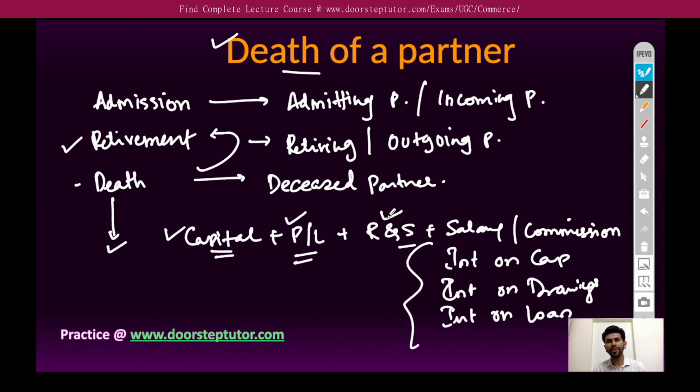Reserve and surplus is undistributed profit which is reinvested into the business, plus salary, commission, or interest on capital, interest on drawings, or interest on loan, whatever is applicable to the deceased partner, will be taken away by the legal representative of the deceased partner, and the remaining partners will continue the business.